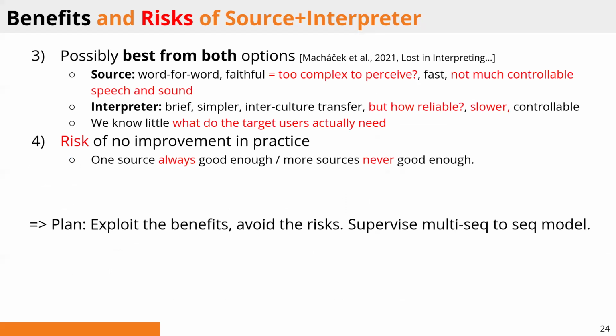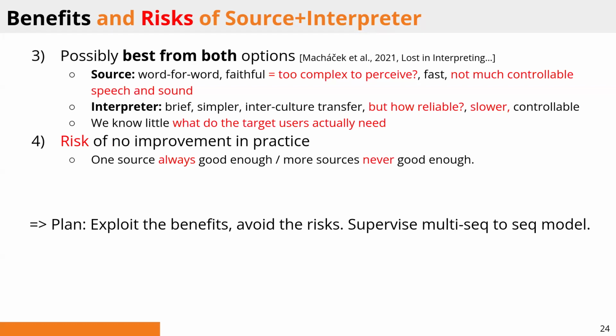And the next reason is that it's possible to have the best from both options, because translating from the source can be more word for word, and therefore more faithful. On the other hand, the disadvantage is that it can be too complex to perceive for the target user, especially if the speaker hesitates or speaks unclearly or very slowly.